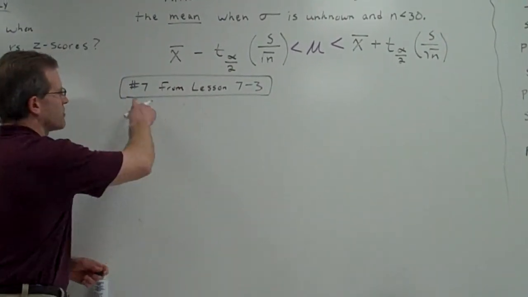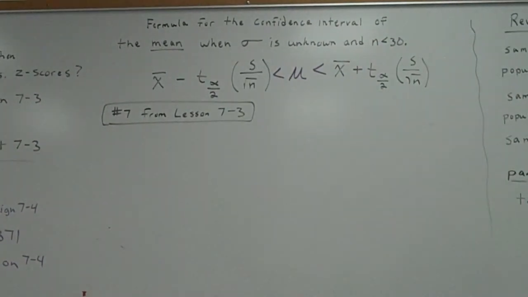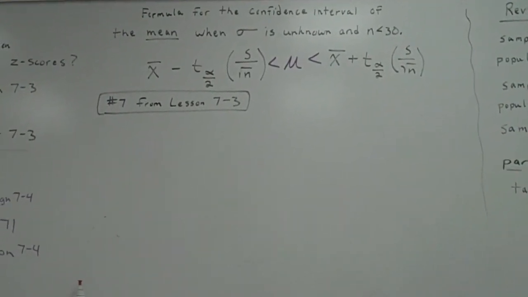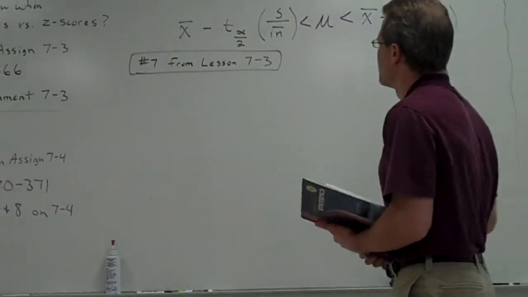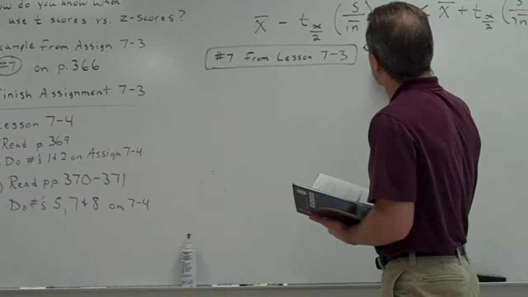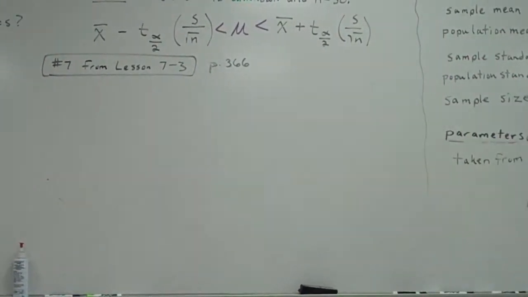Okay, let's go ahead and do number 7, lesson 7.3, which is on your assignment. If you want to write this down as we go, unless you've already done it. This is on page 366, number 7.